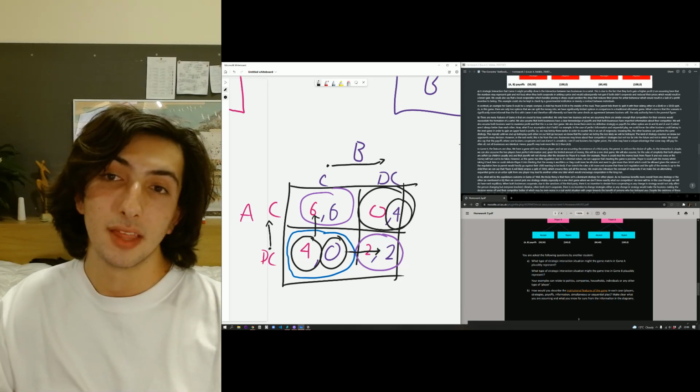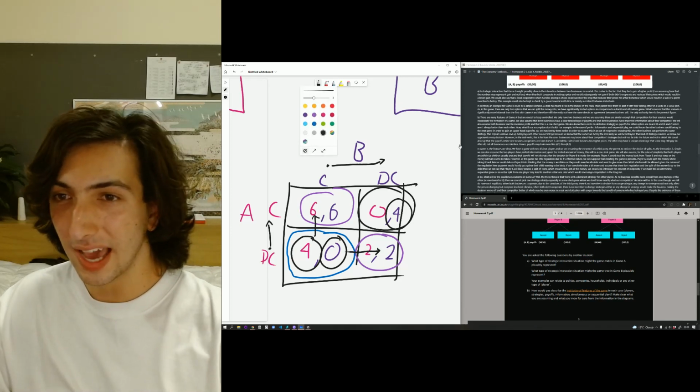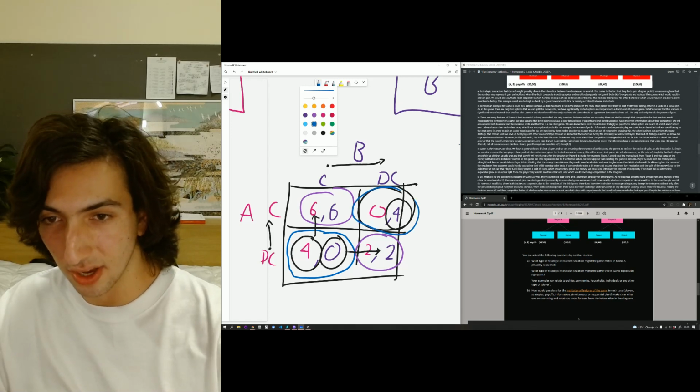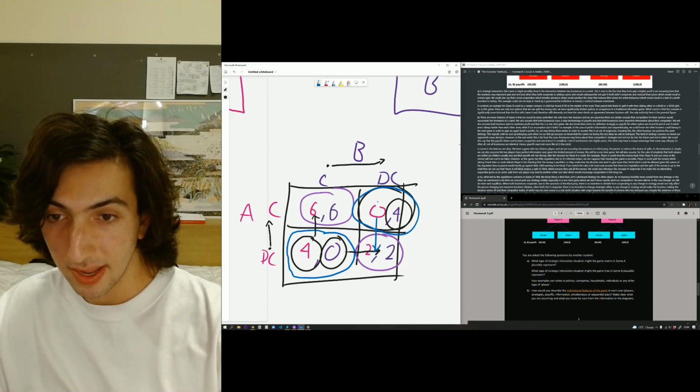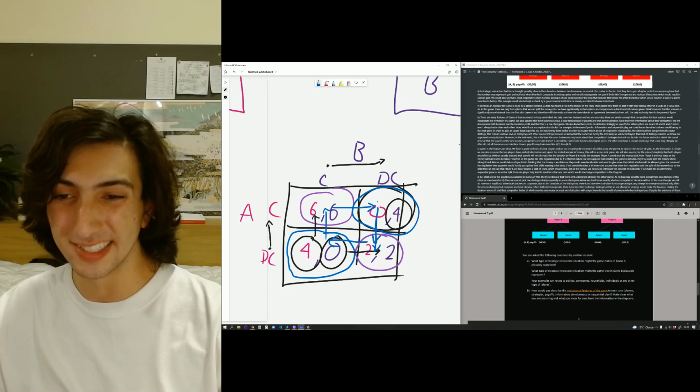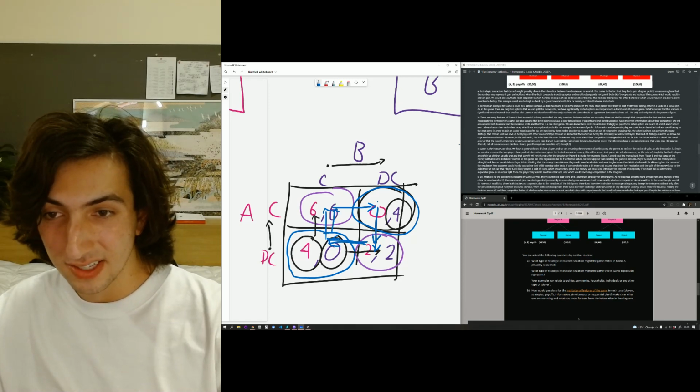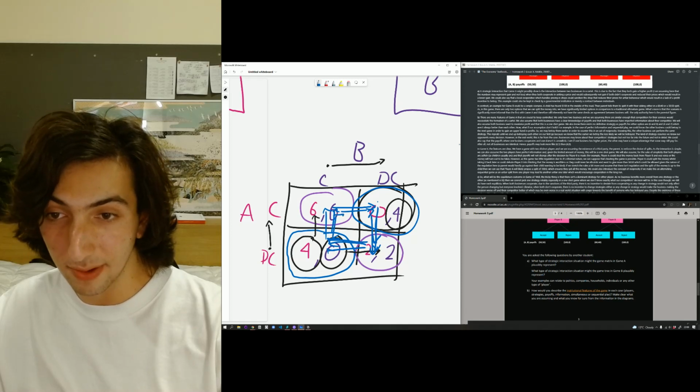And as you can kind of guess, this is going to set off again. A's best move is going to be moving down, and B is going to be moving to the left again, moving back. We are essentially going to go in circles with this. So we will not say that any of these points is a stable equilibrium.